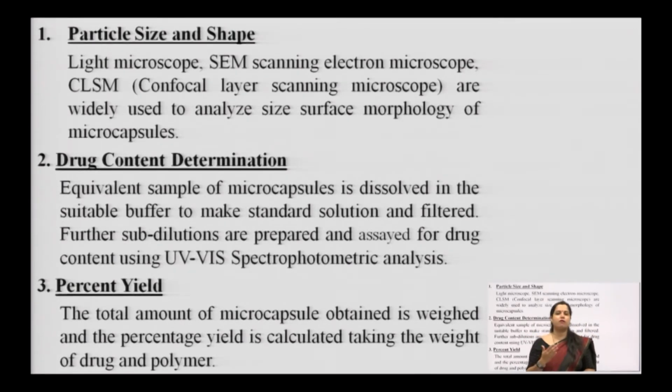You can also get an idea about the surface layer type, whether irregular or smooth surface textures are there on the polymer membrane coating onto the core material. This is how we can analyze the morphology of the particles during preparation.